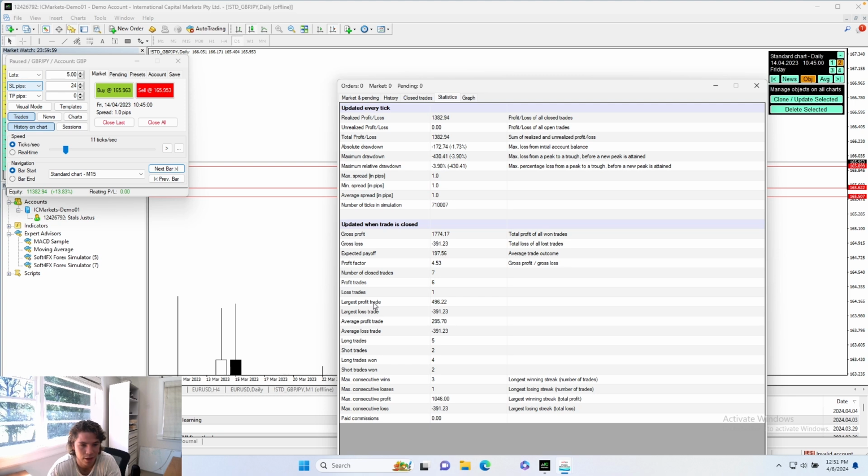Look here, largest profit trade $500, largest loss trade 390. So risk to reward is positive on paper. It's just when we enter trades, we don't have that risk to reward. Actually, yeah, the risk to reward is negative. My bad. Long trades, yeah, pretty simple.